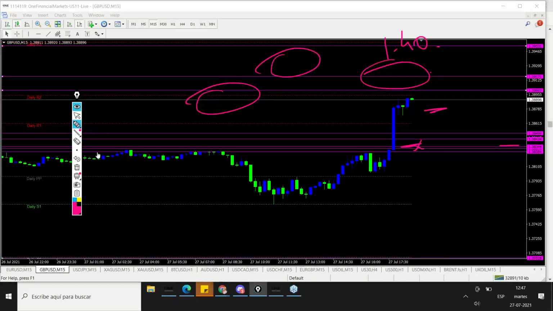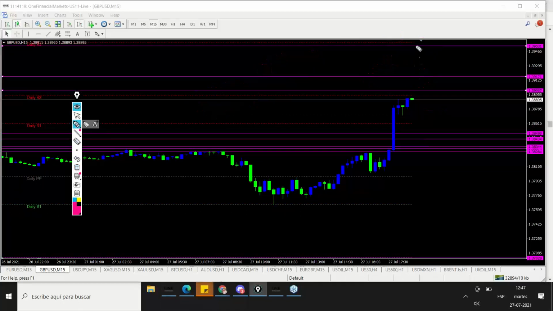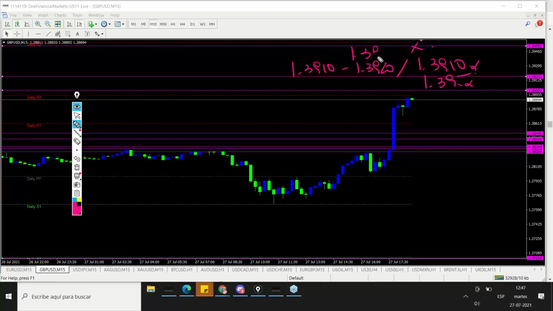Scalping the area is always better than just taking the risk and waiting for the final target. So what we're going to do is scalp it like this: 139 to 139.10, then through 139.10 towards 139.20, and then 139.30.